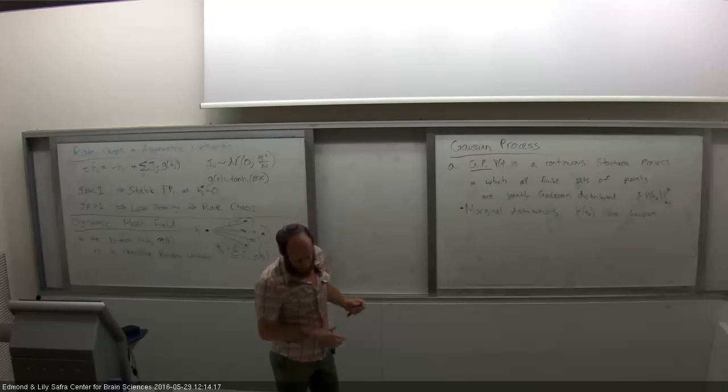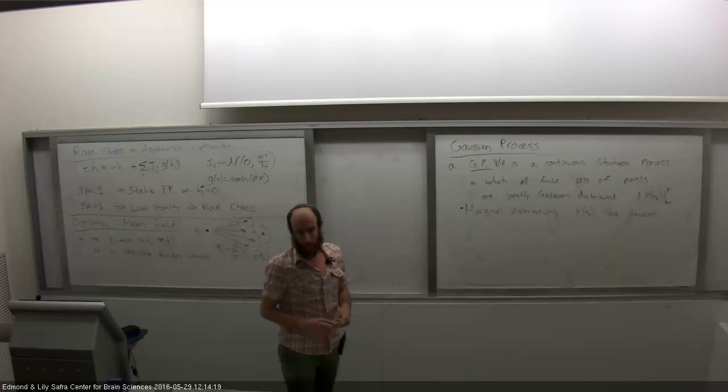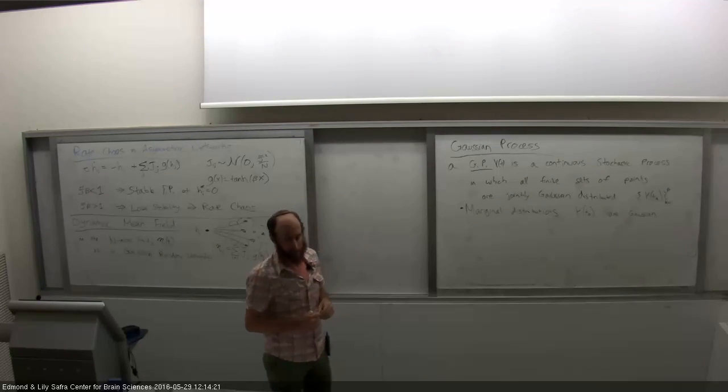Okay, so Gaussians generally, we know, are determined by their mean and their covariance.